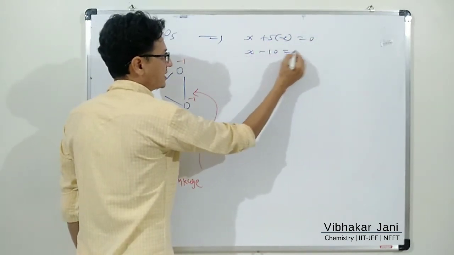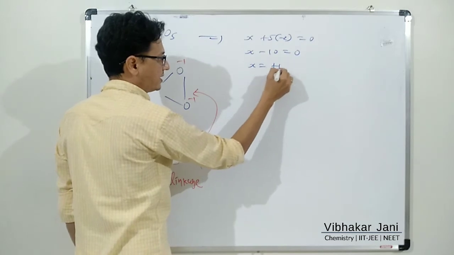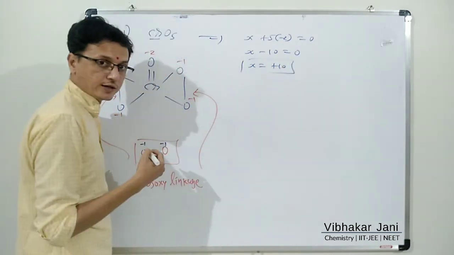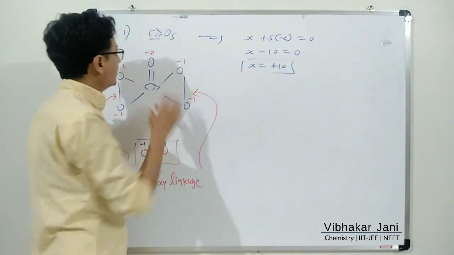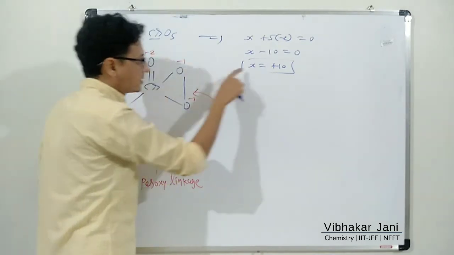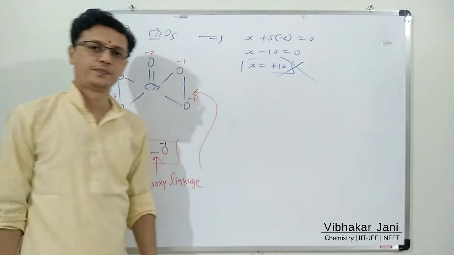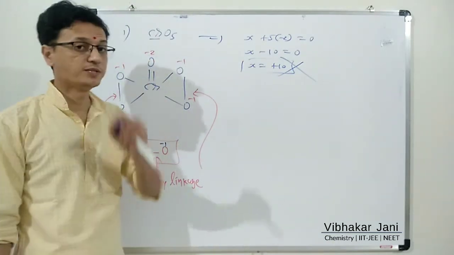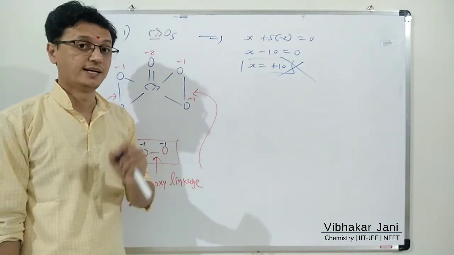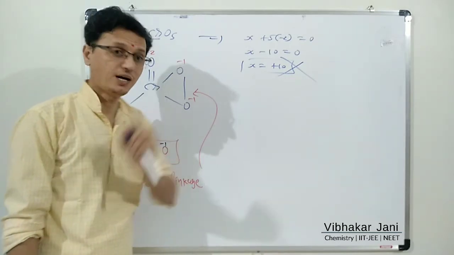So x minus 10 is equal to 0, so x is equal to plus 10. So according to those rules, the oxidation state of chromium will be plus 10. That is wrong. The oxidation state of chromium is not plus 10. It is plus 6. But how?